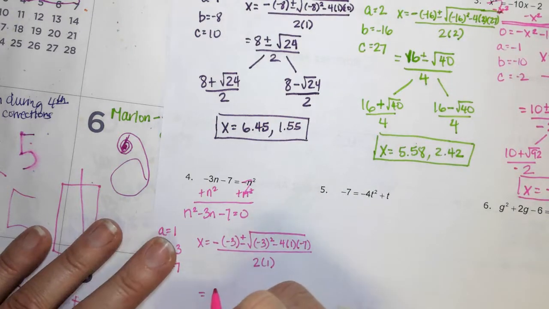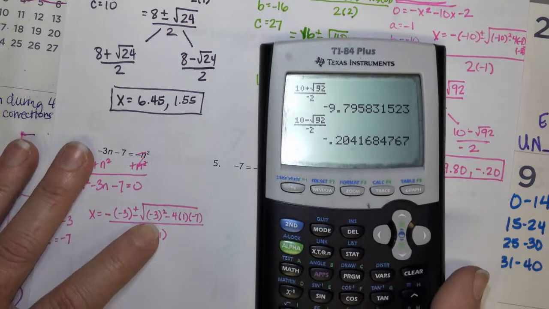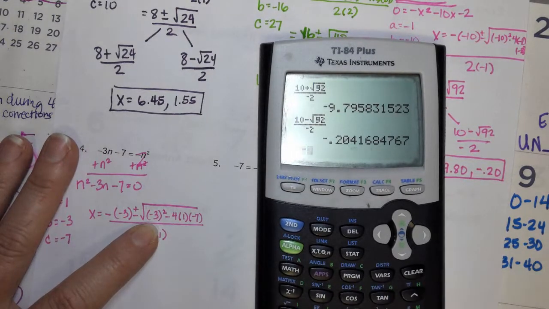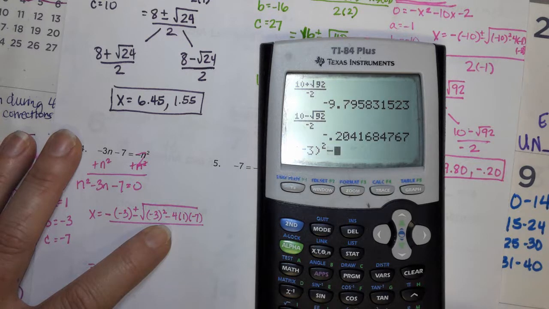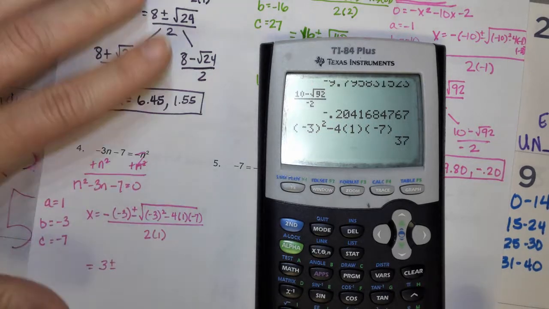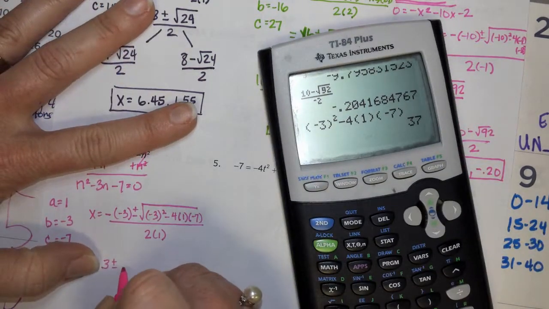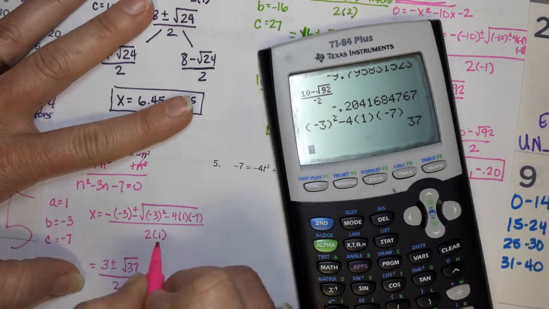Again, two negatives give me a positive. Let's see what goes on the inside here. I have negative 3 squared minus 4 times 1 times negative 7. So that gives me a value of 37. So I have 3 plus or minus the square root of 37, all divided by 2, because 2 times 1 is just 2.